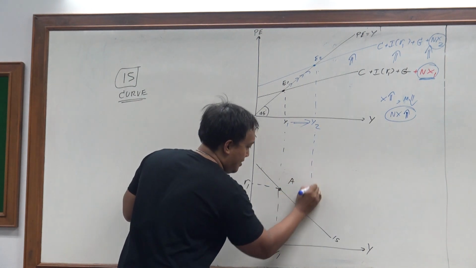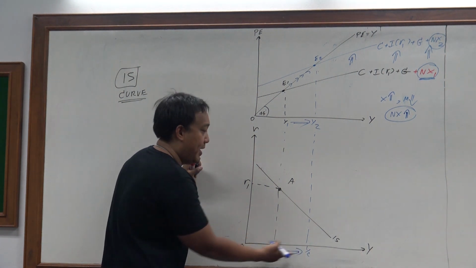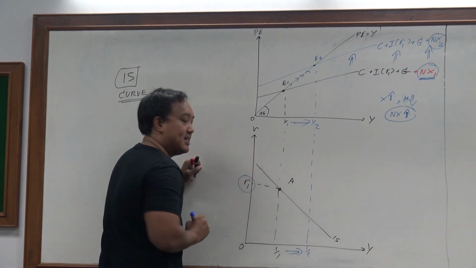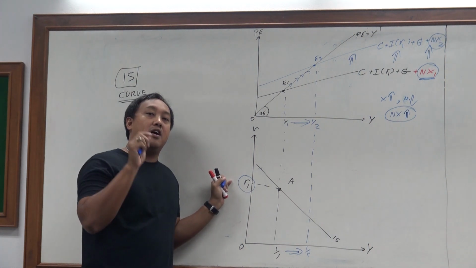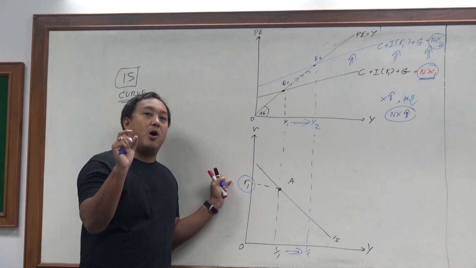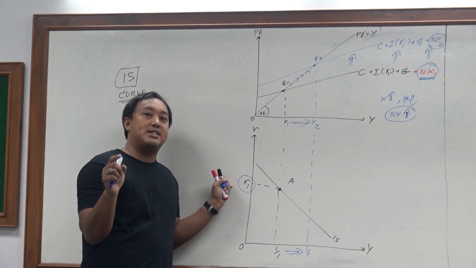We link it down. I draw the line down, Y1 increasing to Y2, GDP increasing. The real interest rate is still the same, because here we focus on the factor of net export. We didn't focus on the real interest rate. The real interest rate is fixed.